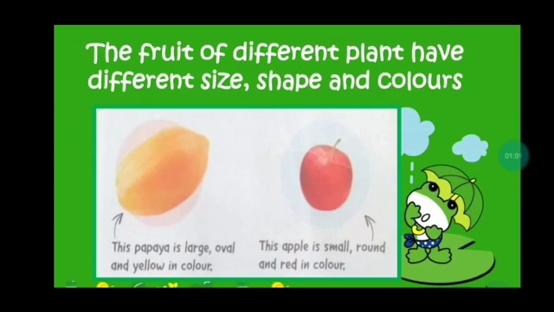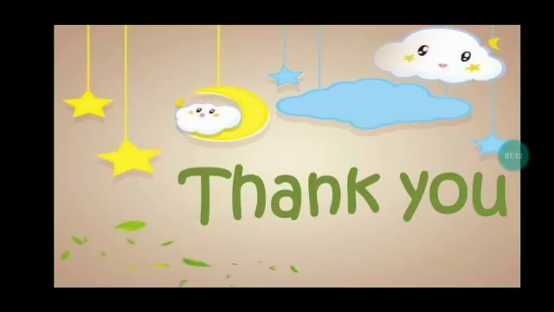After that, inside the fruit there are seeds. And when the animal eats the fruit and throws the seed, the seed will grow into a new plant. Okay, that's all for today. Thank you, my students. See you for the next unit next week, unit 3. Thank you. Assalamualaikum warahmatullahi wabarakatuh.